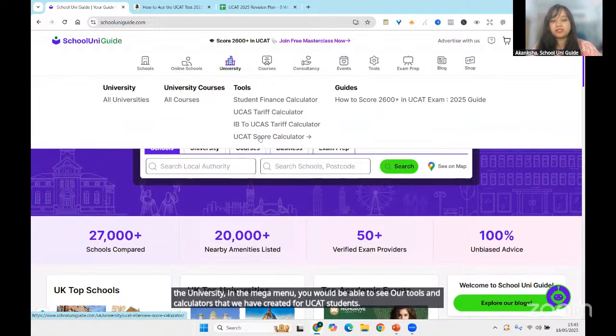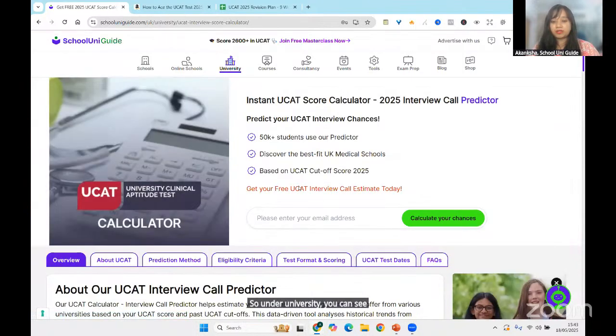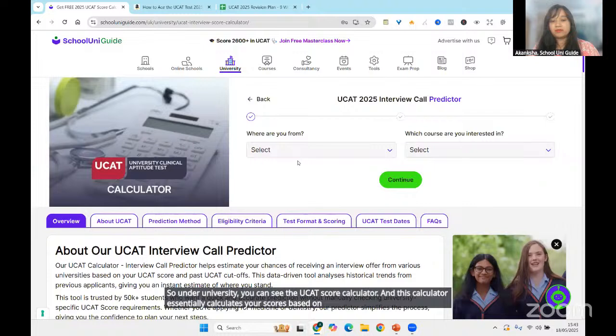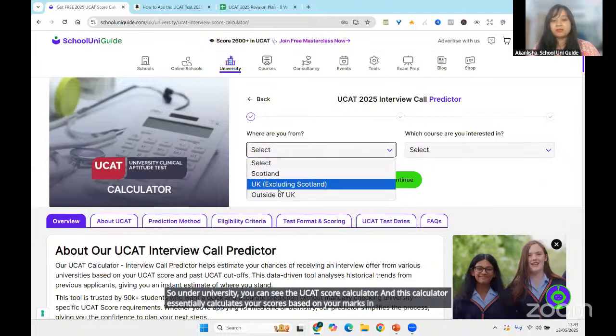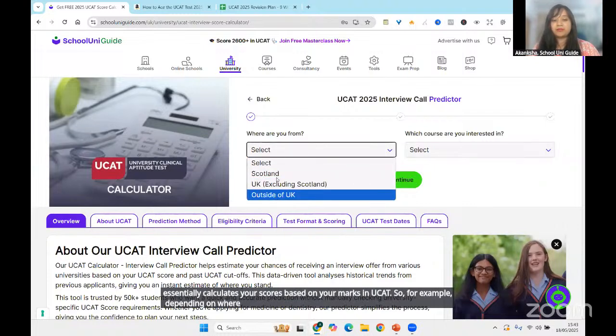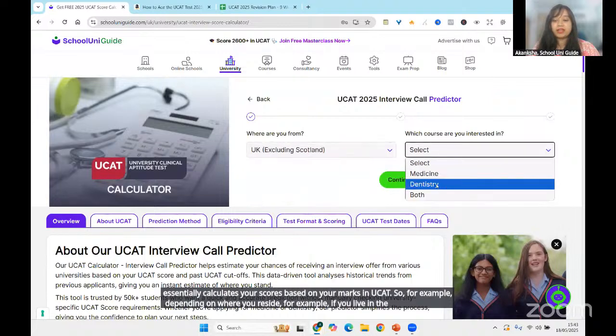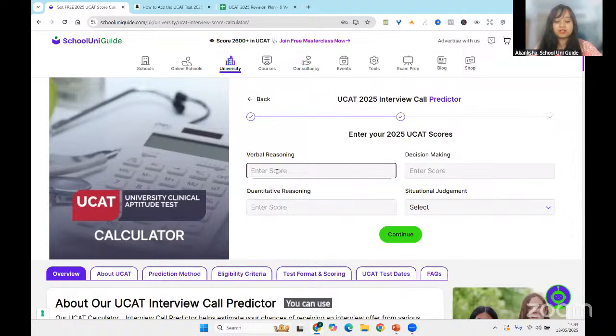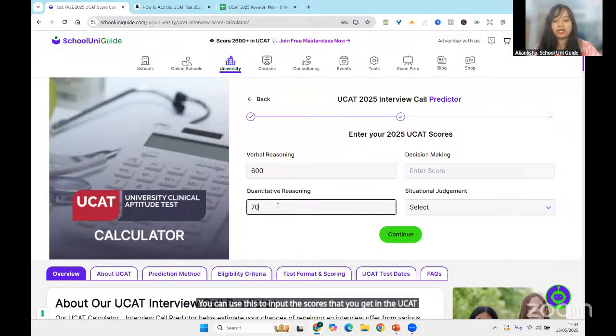So under university, you can see the UCAT score calculator, and this calculator essentially calculates your scores based on your marks in UCAT. For example, depending on where you reside, if you live in the UK and you are interested in dentistry courses, you can use this to input the scores that you get in the UCAT out of 900.